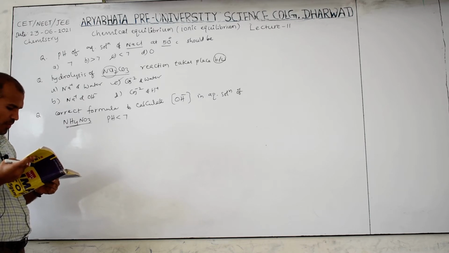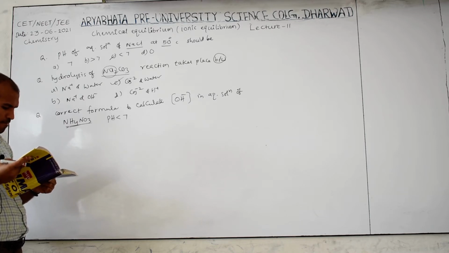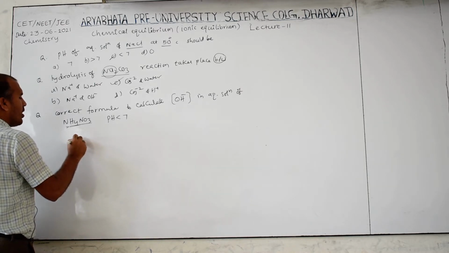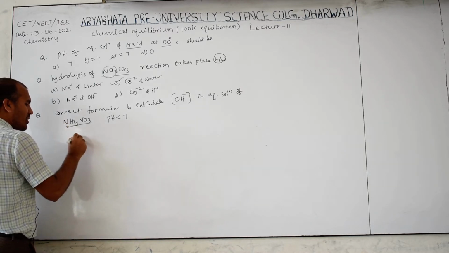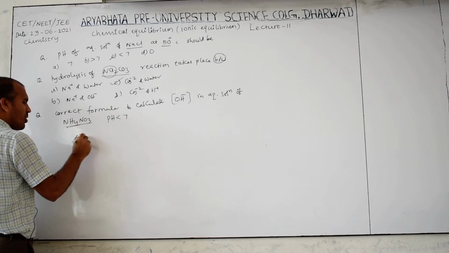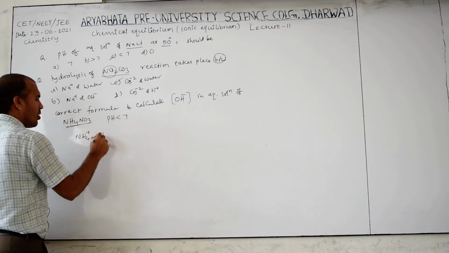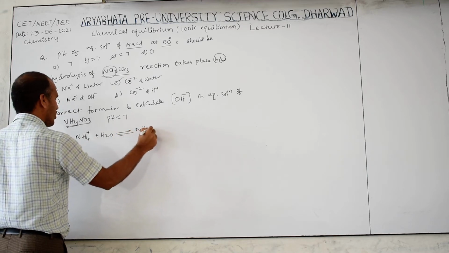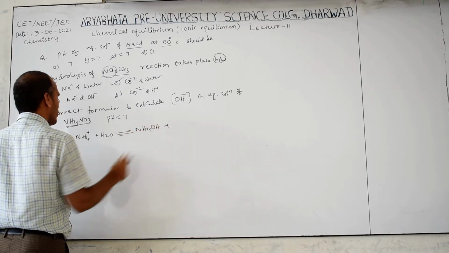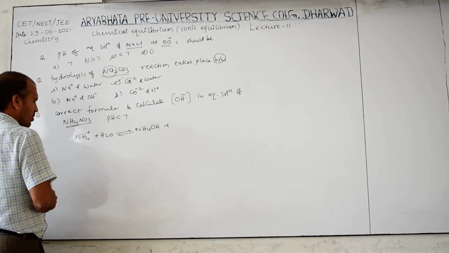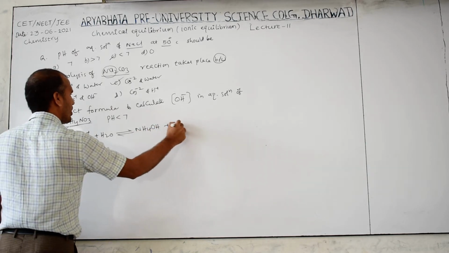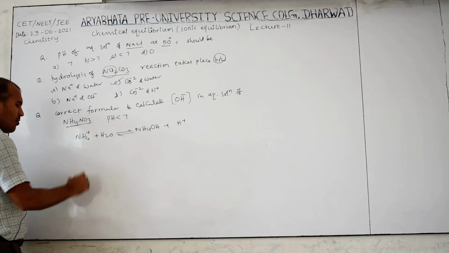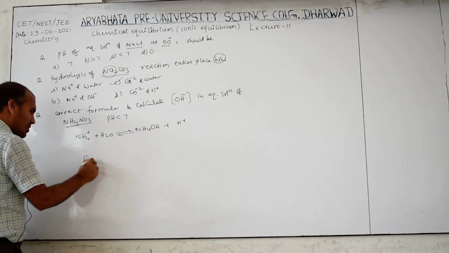First the H plus ion concentration: the cation will hydrolyze, that is NH4 plus with water, and this will give NH4OH and H plus.